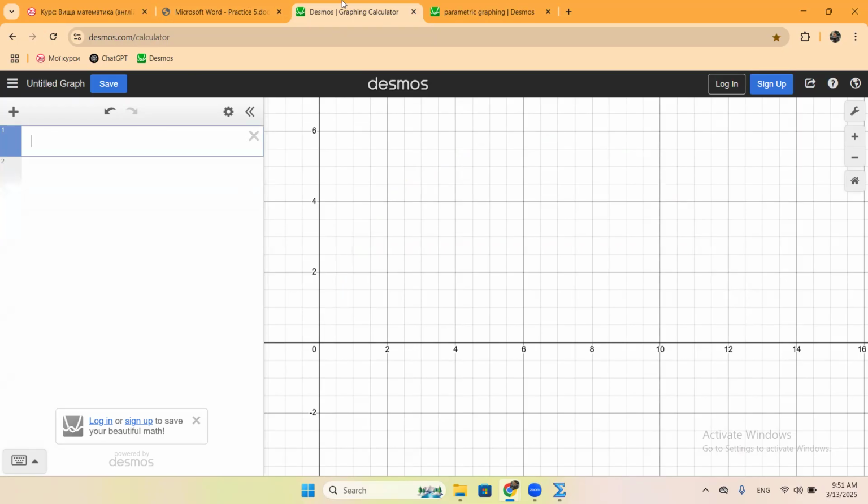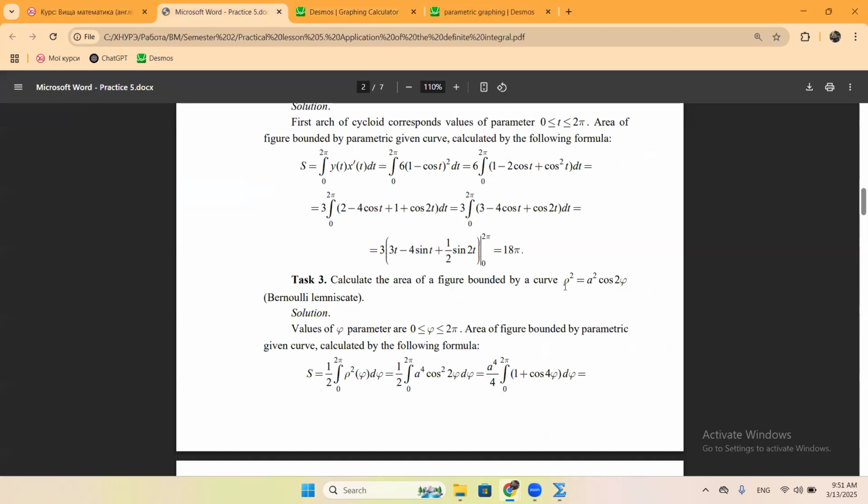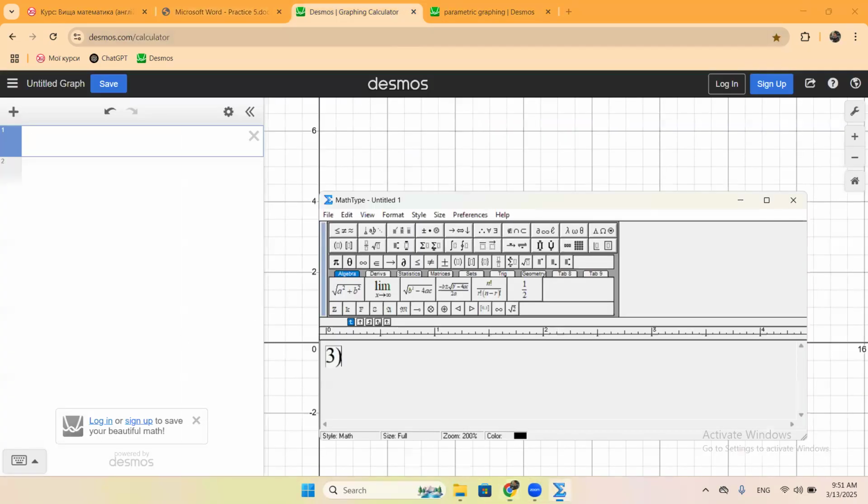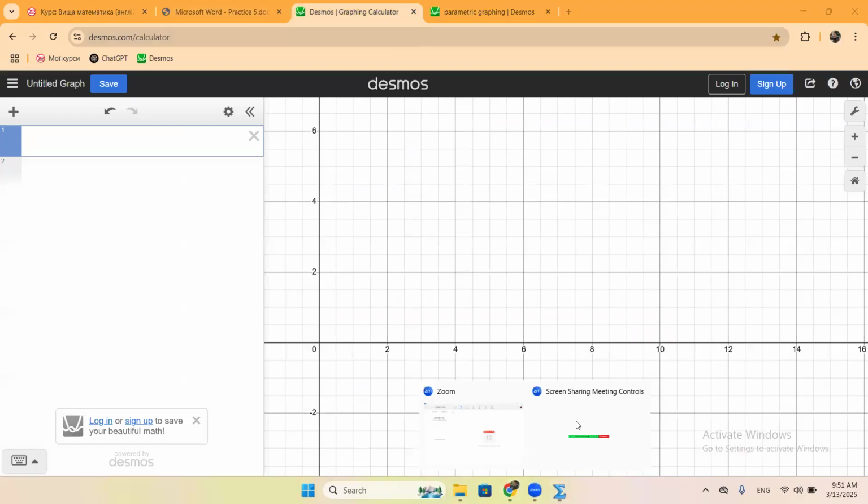So rho is the radius vector, so the distance from the beginning of coordinates, and phi is the angle between the x-axis and the ray. So for example, let me just remind you about polar coordinates.